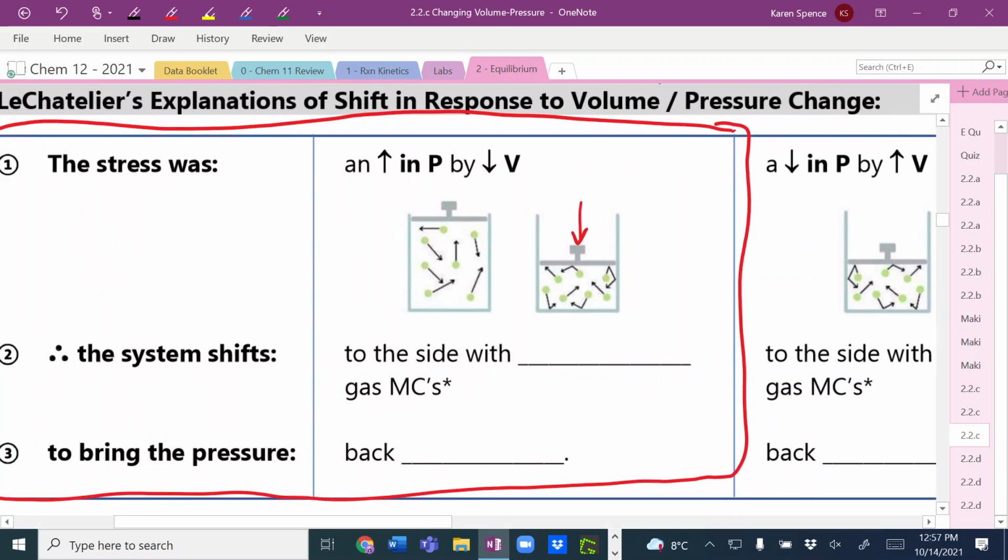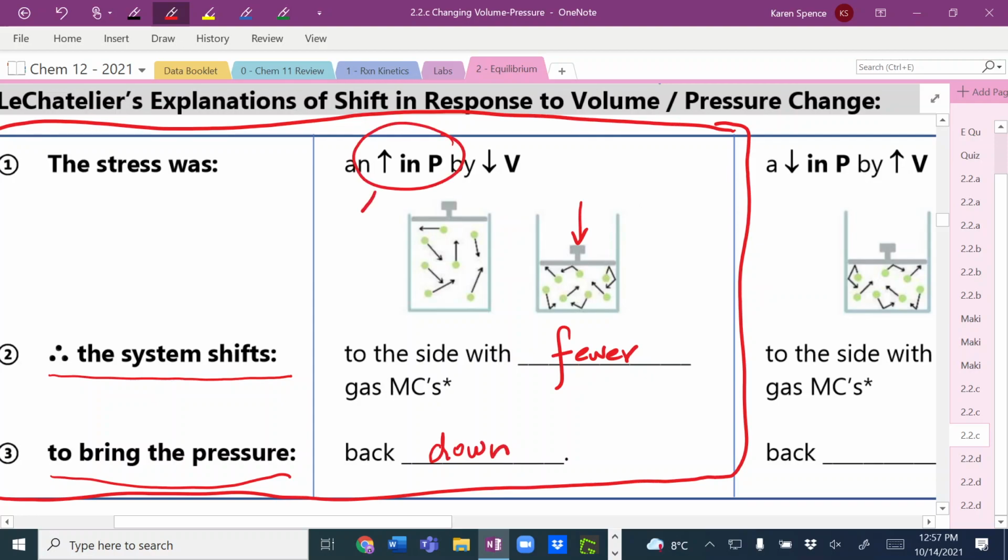Then if that is the stress, the system is going to shift to the side with fewer gas molecules to bring the pressure back down. Because what happened here is pressure went up, that was our stress. And so we want to bring the pressure back down. That's what our shift takes care of. And that's according to Le Chatelier's principle.